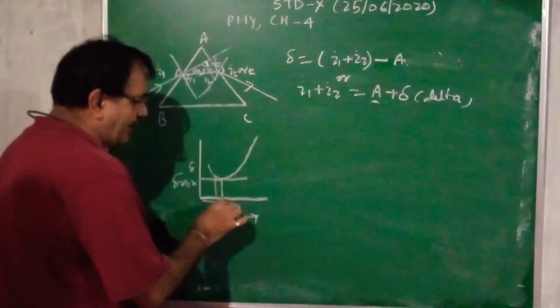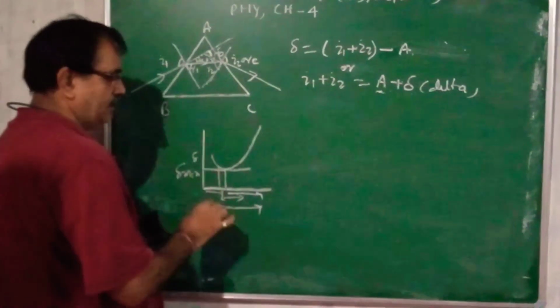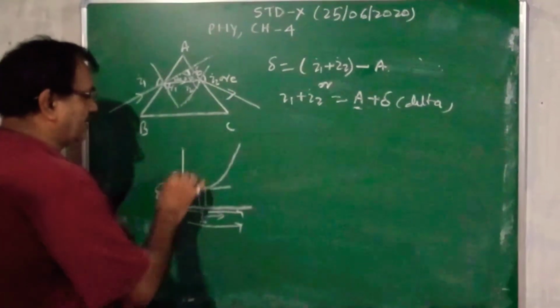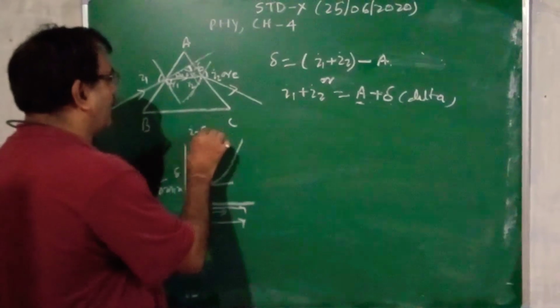After that, when the angle of incidence increases, the deviation also increases. On the x-axis I have taken I, the angle of incidence, and on the y-axis, the deviation. So this is known as the I-delta graph.